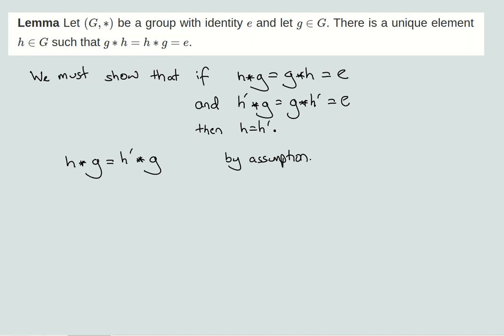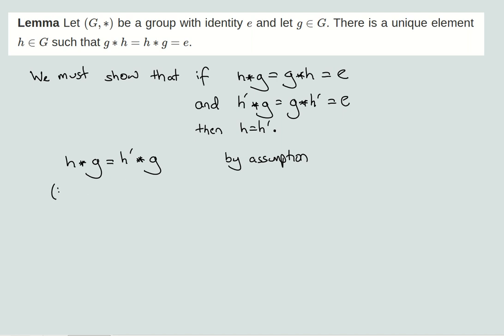Okay, what we're now going to do is take this equation and multiply on the right by h. So when I say multiply, what I really mean is we're going to apply the binary operation star to both sides of this equation and h.